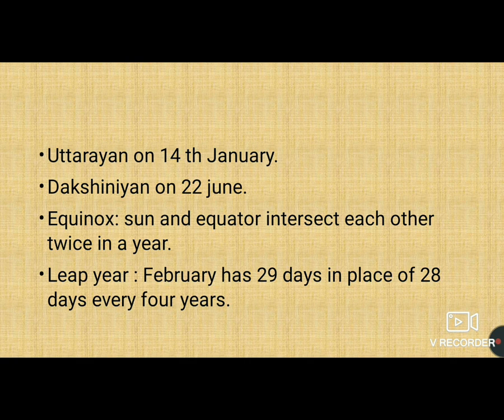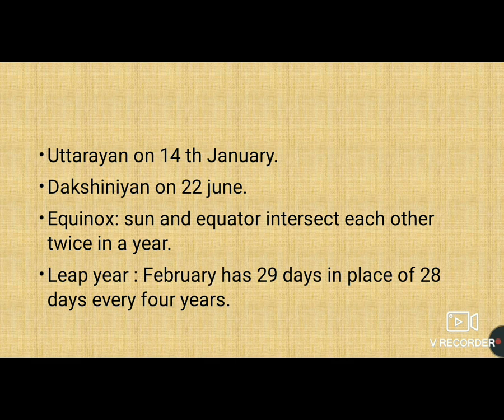Therefore, days and nights are equal. It is called equinox. Next is leap year. We all know that every fourth year we celebrate 29th February as leap year. Why? Since 1 year of Earth is 365 days and 6 hours, it is difficult to calculate a quarter of the day because there are 24 hours in a day.